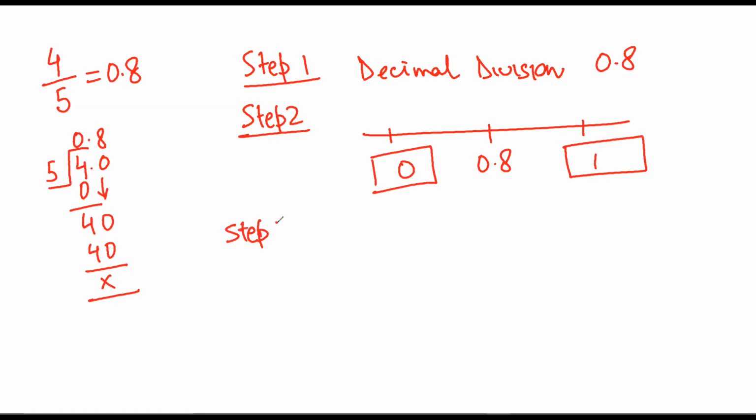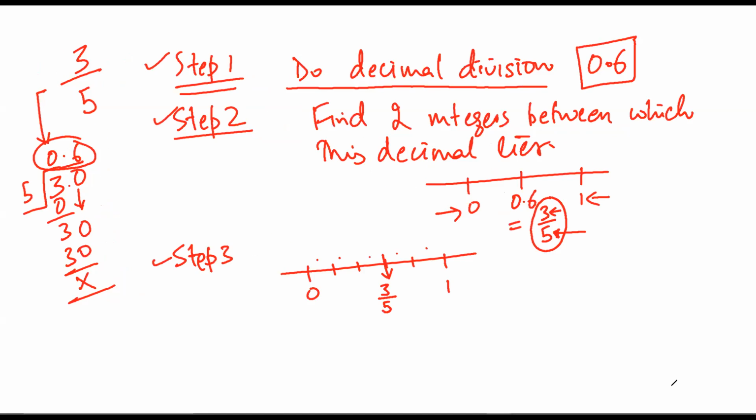Step 3. This decimal is actually 4 by 5. My step 3 was that once I have found these two integers, the first integer and the second integer, look at the denominator. Those are the number of parts that you require.